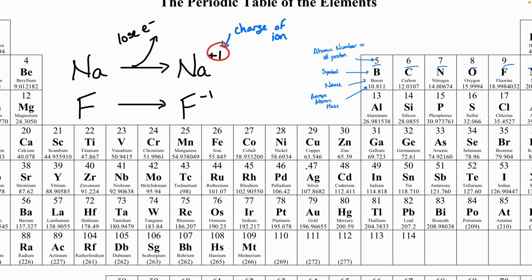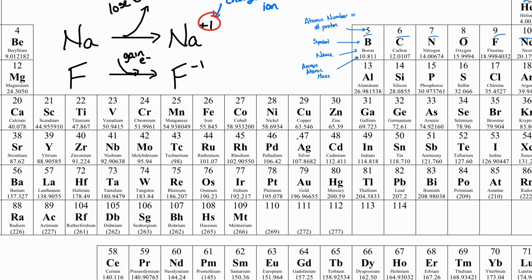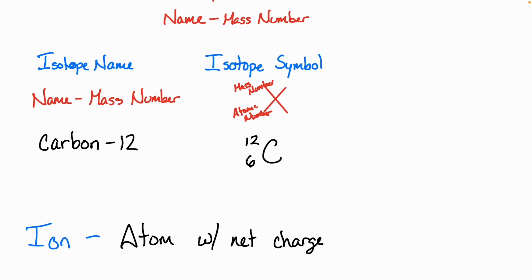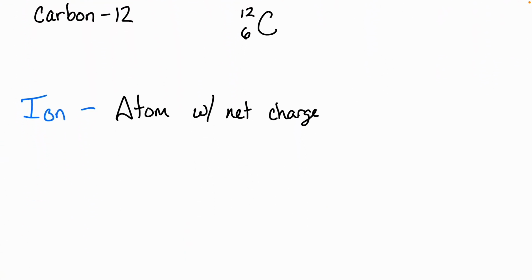In order for fluorine to become this ion, it's going to gain an electron. It steals it from one of the other atoms to become this fluorine ion. Okay? So, ions, they're atoms with a net charge. So what does that mean? By either gaining or losing electrons.